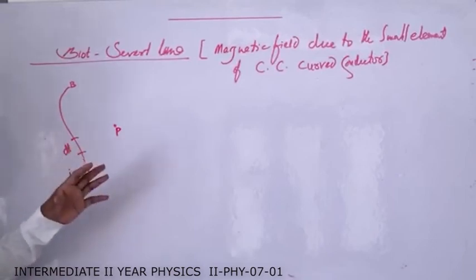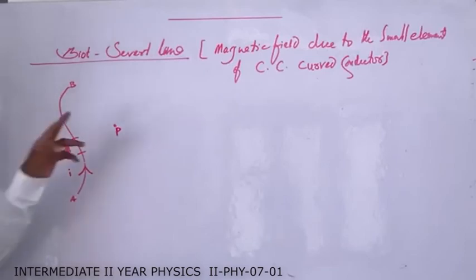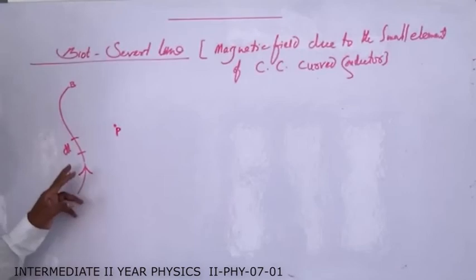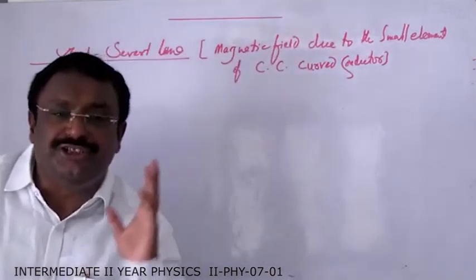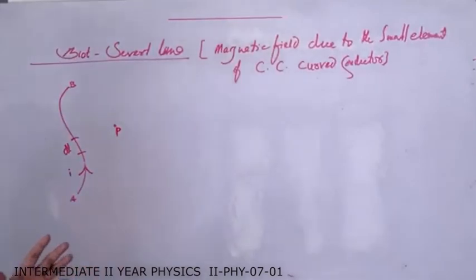Here the magnetic field is only because of electric current. So the magnetic field is directly proportional to the strength of the electric current in the small element. If the strength of the current increases, the magnetic field also increases. If the strength of the current decreases, the magnetic field also decreases.